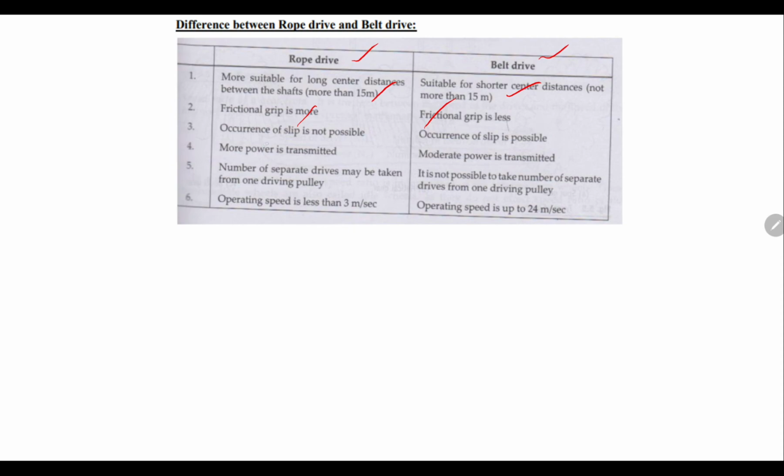With rope belts, the occurrence of slip is not likely, but with a flat belt, the occurrence of slip is possible. Rope belts give more power transmission, but a flat belt gives moderate power transmission. So this way we can differentiate between rope drive and flat belt drive.